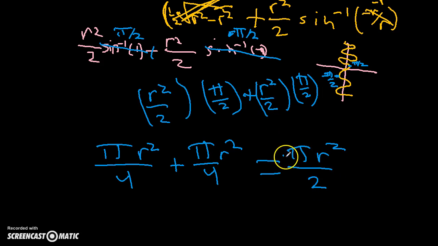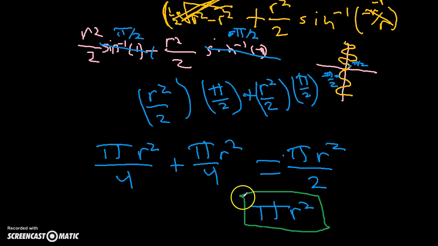Okay, and now remember that we would multiply it by 2 to get the full area, because this is only the area of the semicircle. So now multiply it by 2, and we get pi r squared, which is the formula for the area of a circle. So there you go.